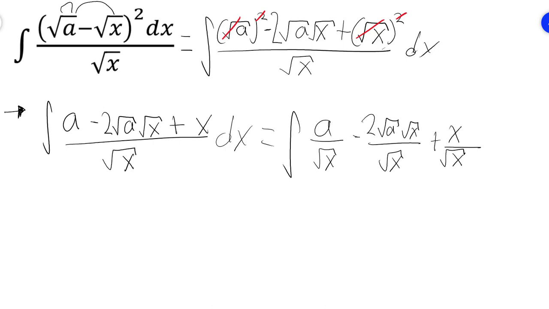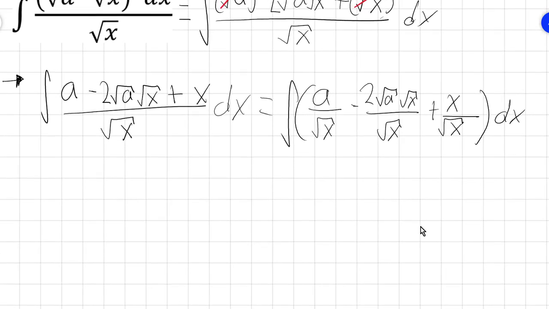This is the same as this because we have the same denominator in each one of the terms. So now this is much easier to use for integrating the problem.